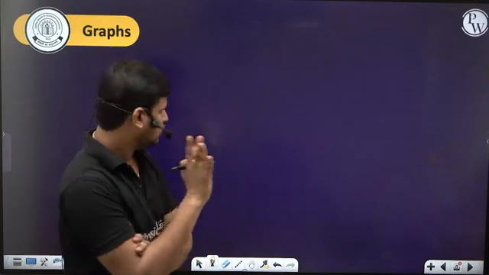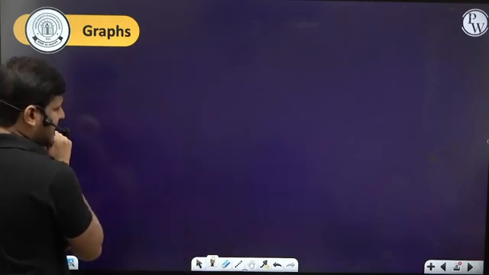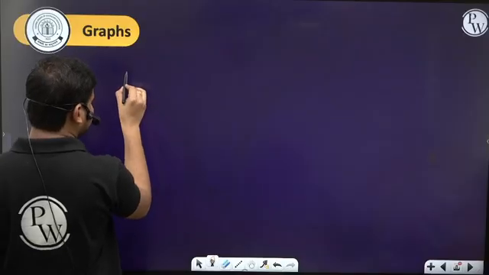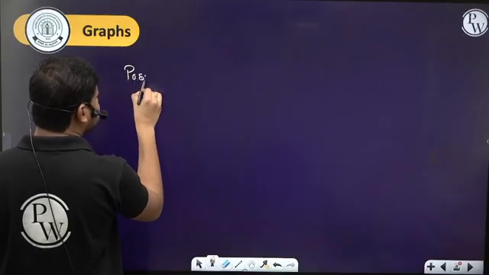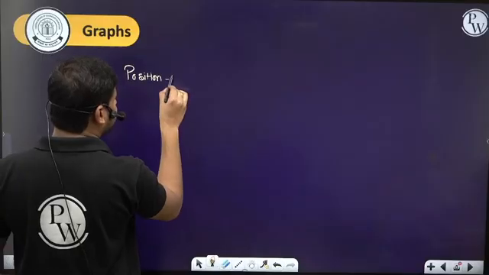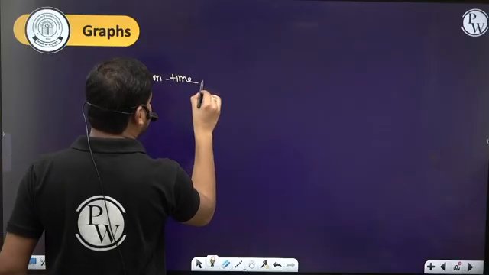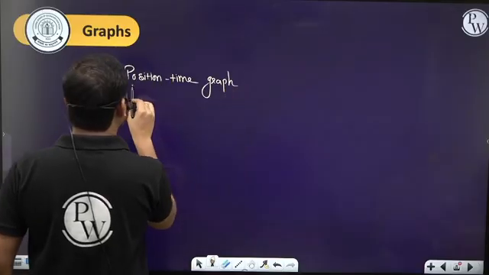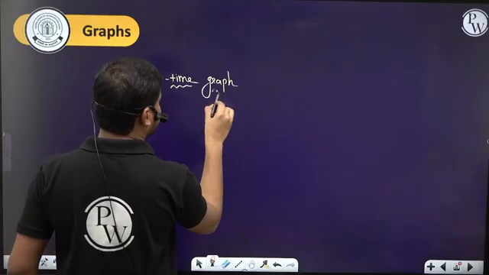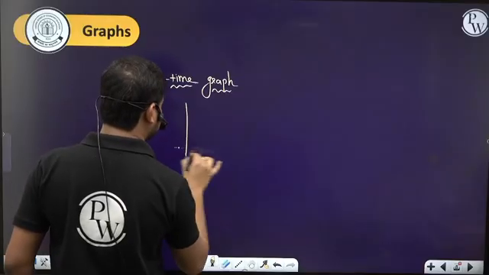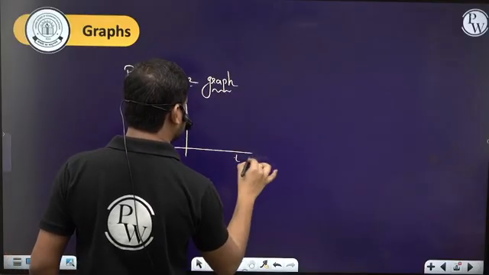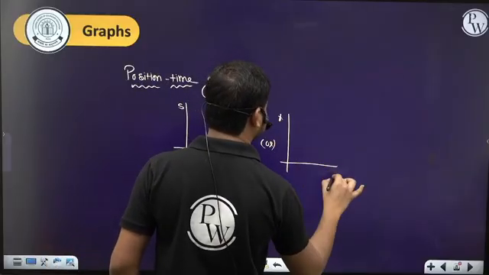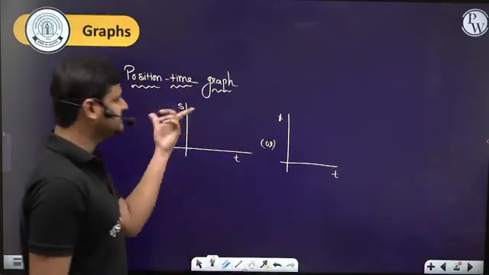As a part of our syllabus, we are going to analyze different graphs. The first one is the position time graph, which is x versus t or s versus t. We can represent it as s versus t or x versus t, where x is the displacement or position, or s is also the position.